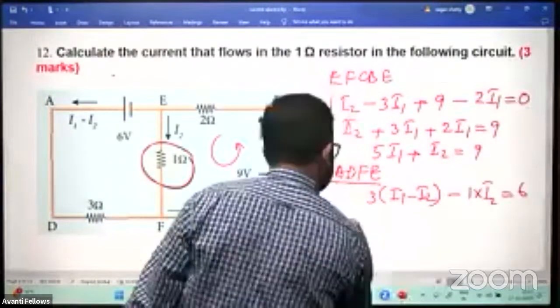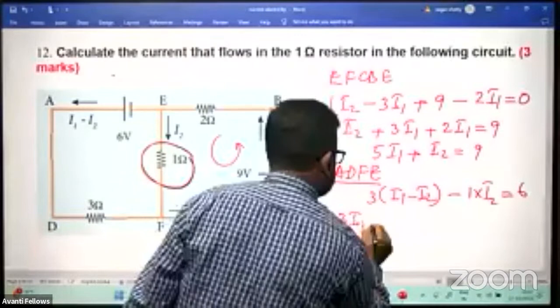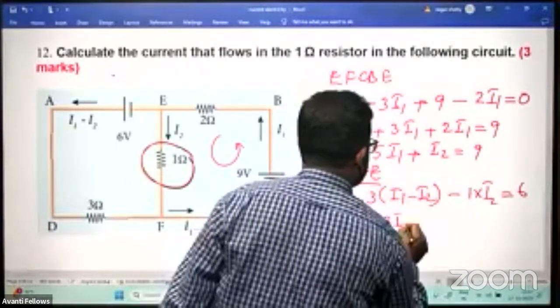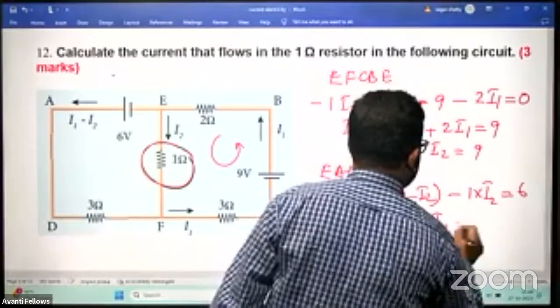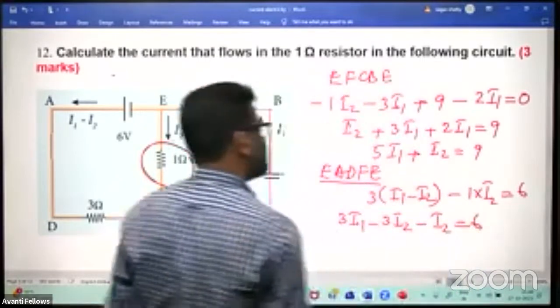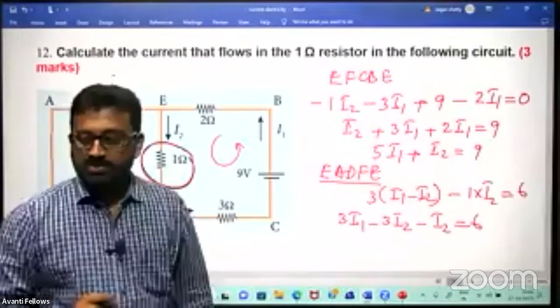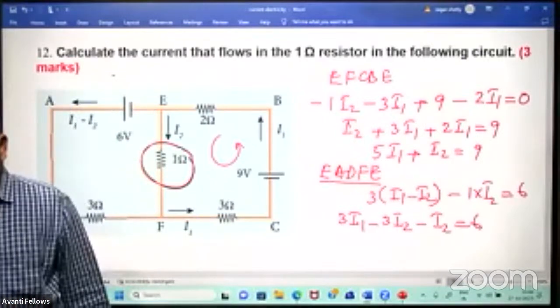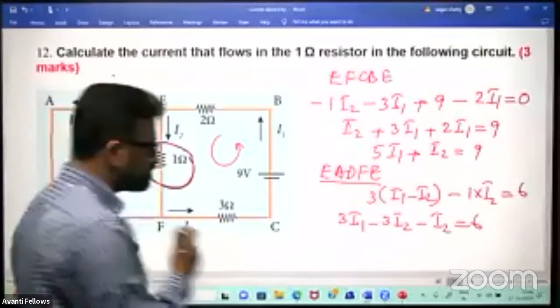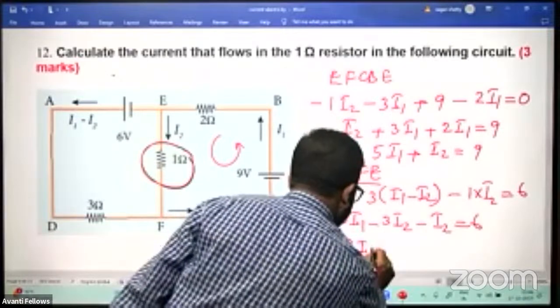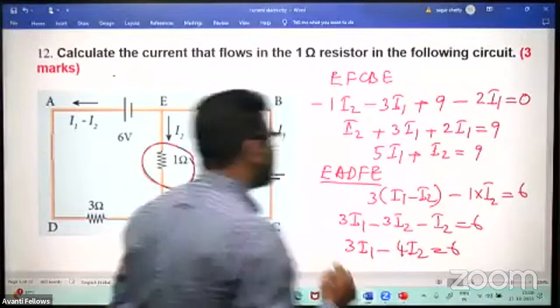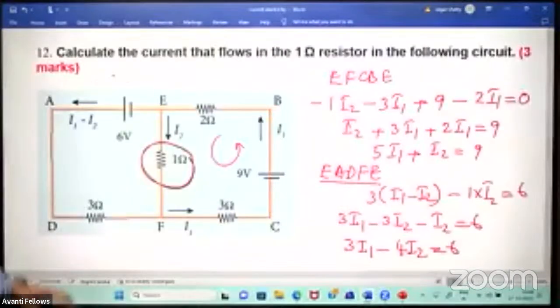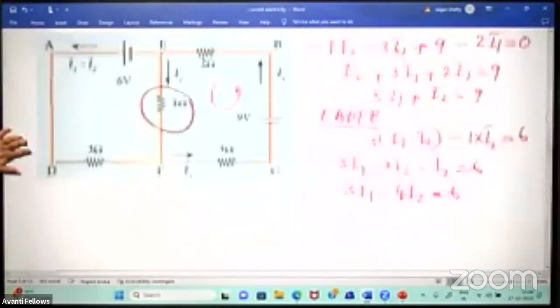That is 3I1 minus 3I2 minus I2 equals 6. I1 minus 4I2 is equal to 6. Like that we can write.